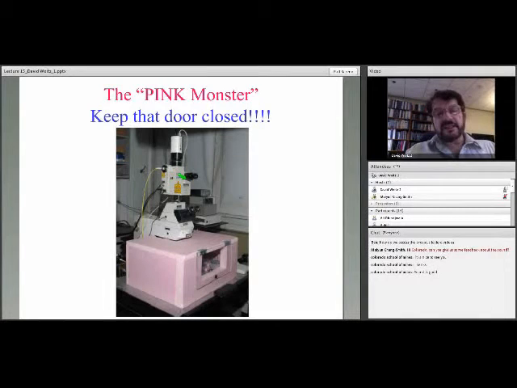Rather than rastering the pinhole and the focal point in 2 dimensions, there's a disc with many focal points with an array of microlenses, and that's spun very rapidly, and the discs then cover the whole region of the sample. But the essential physics of this is exactly the same.